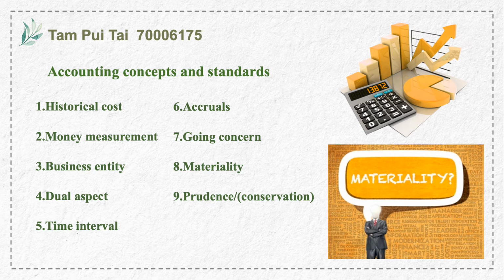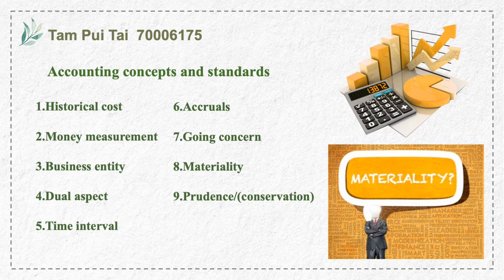Number 6, accrual. It states that the effects of transactions are recognized when they occur and not when money is paid or received. Number 7, going concern concept. Assume that the business will continue to operate for at least 12 months after the end of the reporting period.